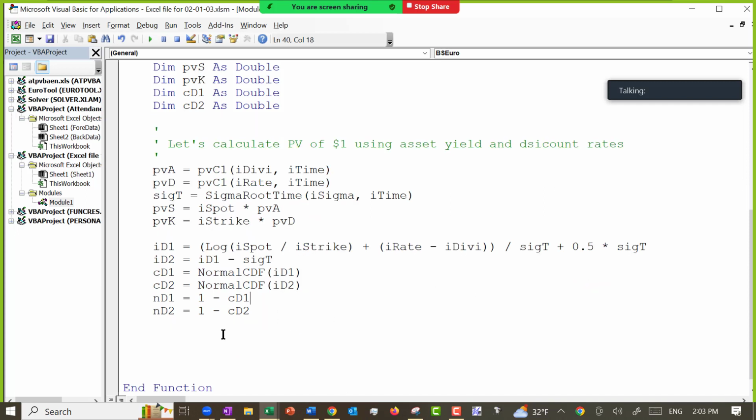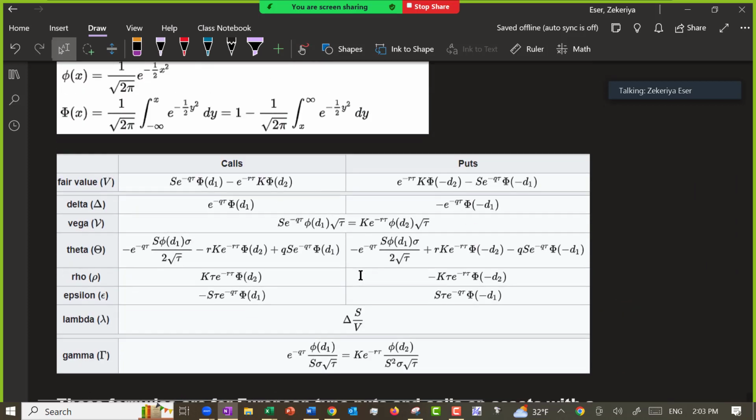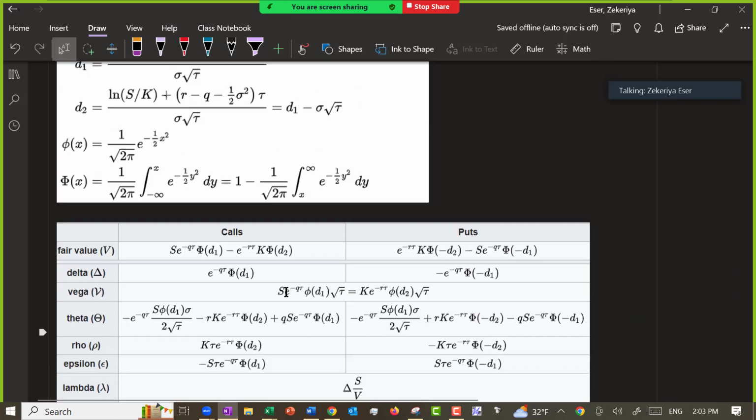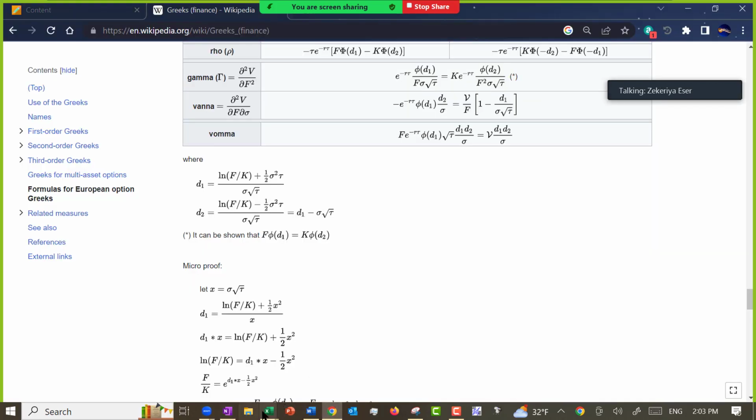Nice thing about this type of coding, I'm simply building pieces for all of these formulas, okay? Instead of writing the whole thing in one sitting, I'm making my life a lot easier.